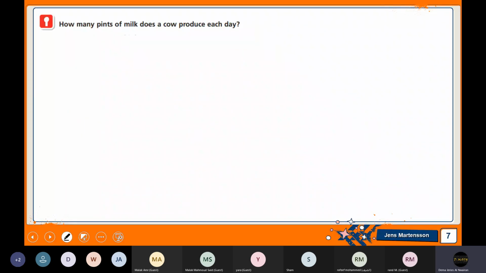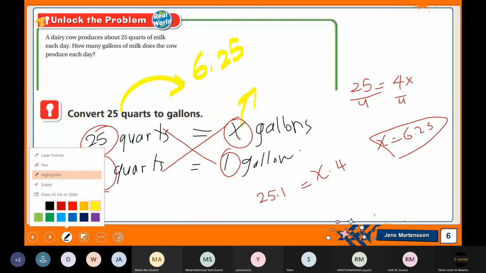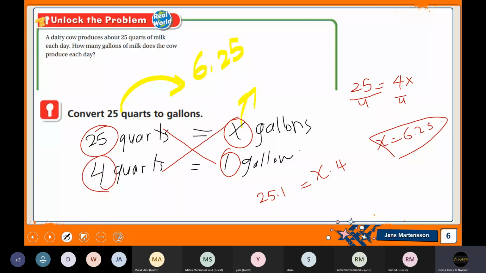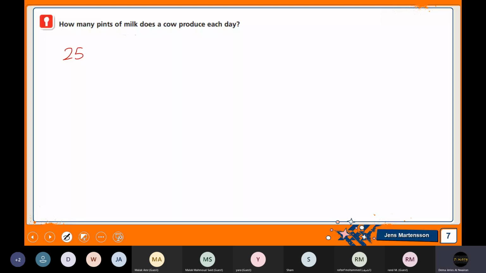How many pints of milk does a cow produce each day? Now, we have 25 quarts, and they asked me to find it in what?